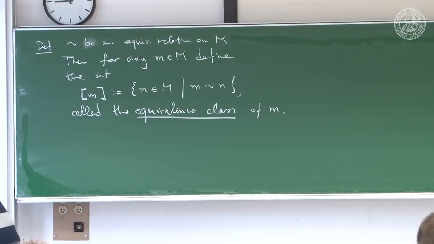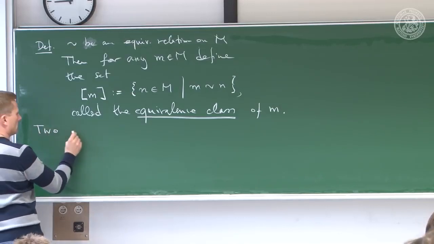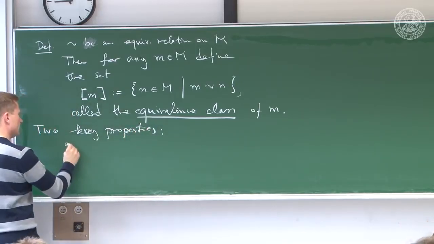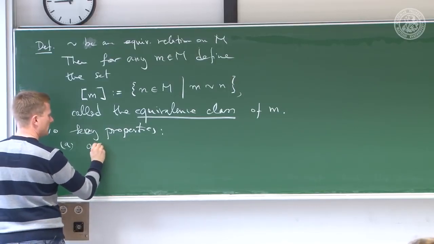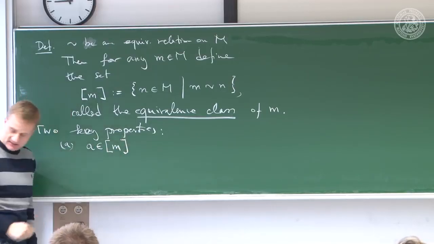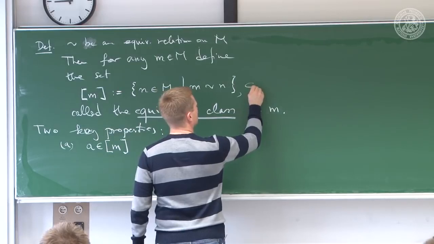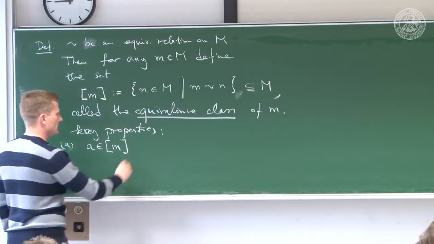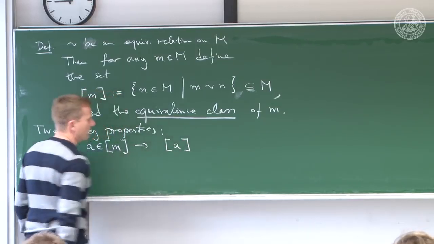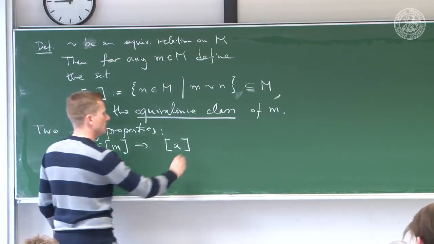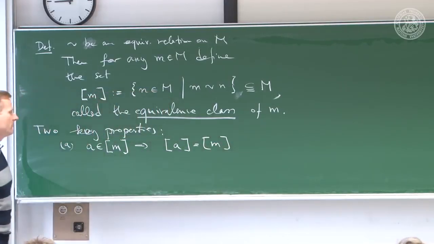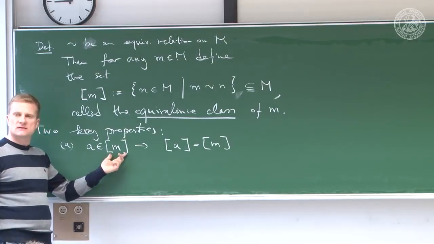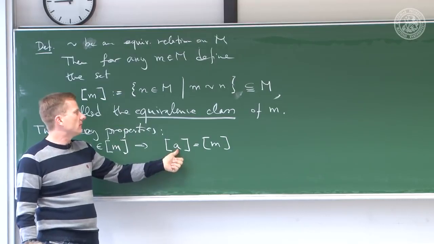Now, for these equivalence classes, there are two key properties. The first property is that if you take an element A from such an equivalence class, which is a set, obviously a subset of the entire set, then it already follows that the equivalence class of this element you took from the subset is the same equivalence class.